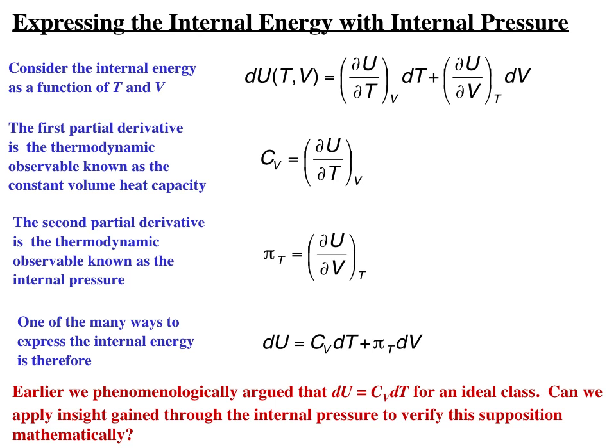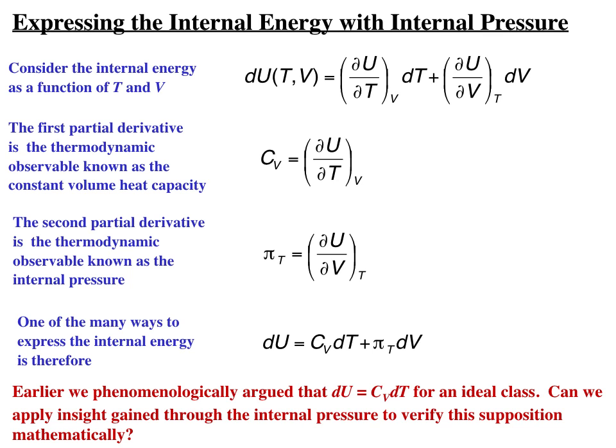I can then represent dU is equal to C sub V dT plus π_T dV. Again, this is an exact statement true for any gas, whether it is behaving real or ideal. Now, what we have argued, and I just argued on the last slide pretty extensively, is that if the gas is ideal, π_T is 0.